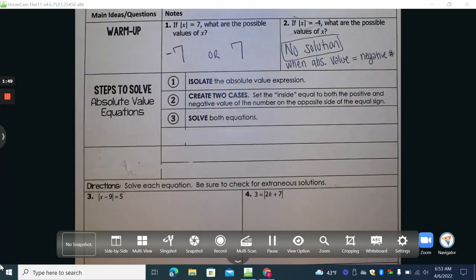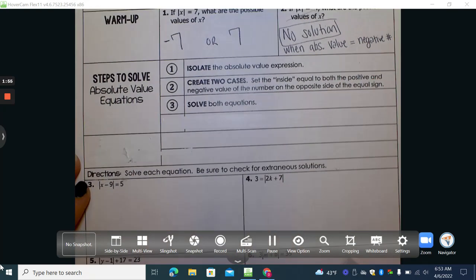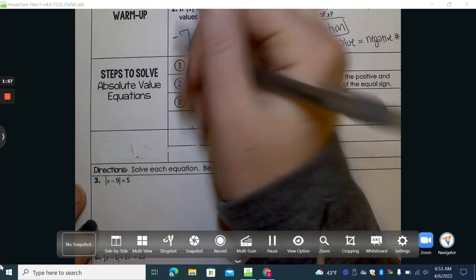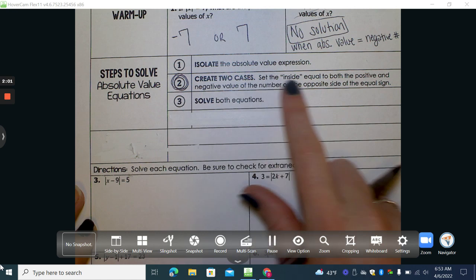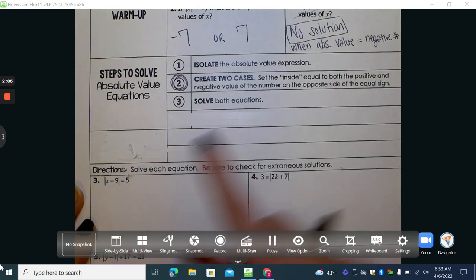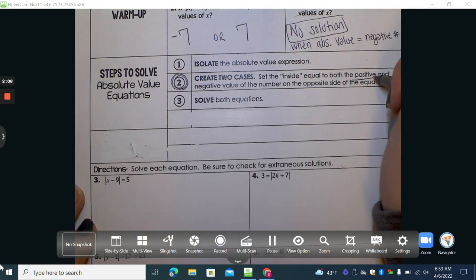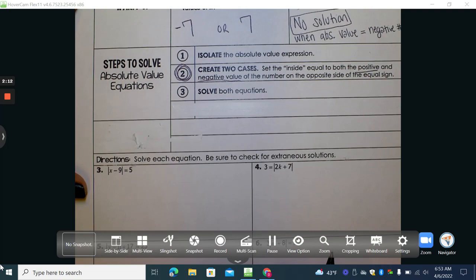So solving an absolute value equation, most of the situation is very similar to solving a regular equation. The only difference is this step right here, which is really important. We are going to create two cases. We're going to set the inside of this absolute value symbol equal to both the positive and negative value of the number on the opposite side of the equal sign.